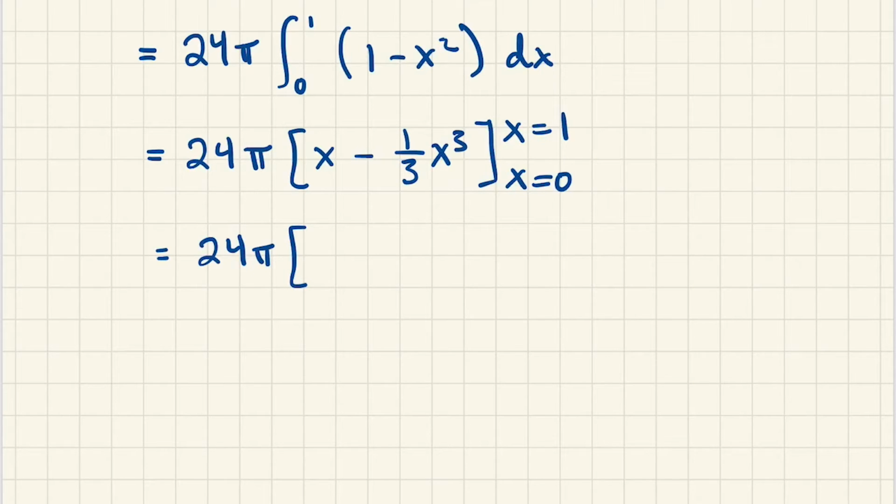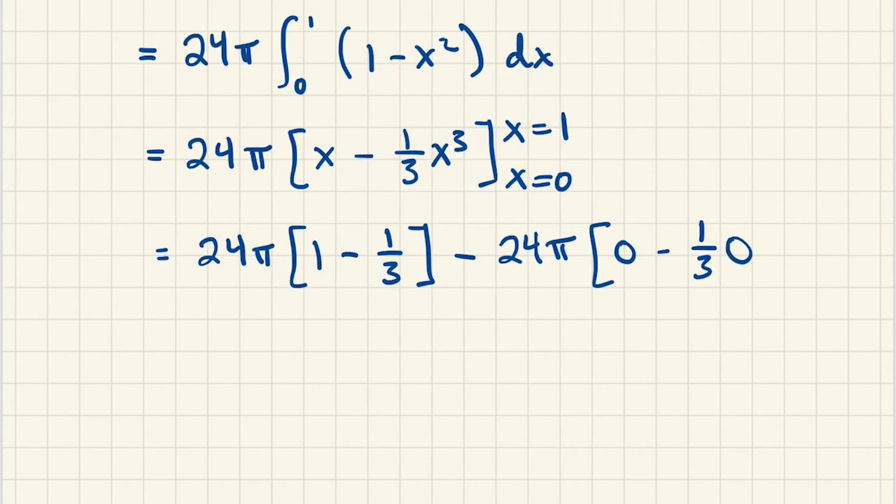And when we plug 1 in, we get 1 minus 1/3. And how wonderful it is to plug 0 into stuff when it just kills everything. So that whole right chunk is going to be 0. So we just get 24 pi times 2/3, which would be, what, 16 pi? Okay, very good.